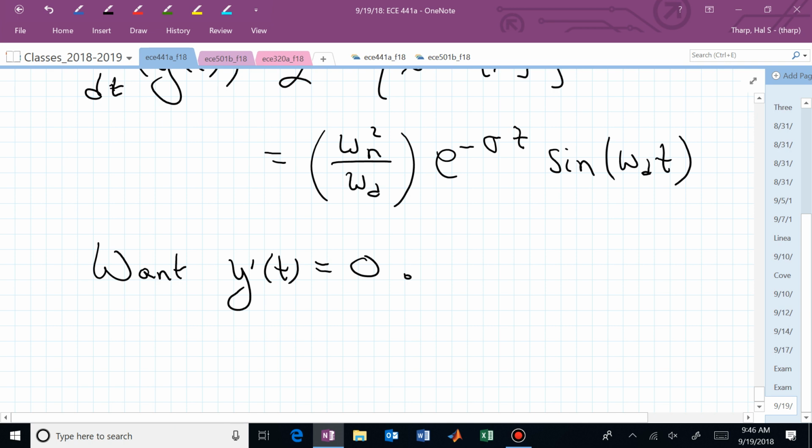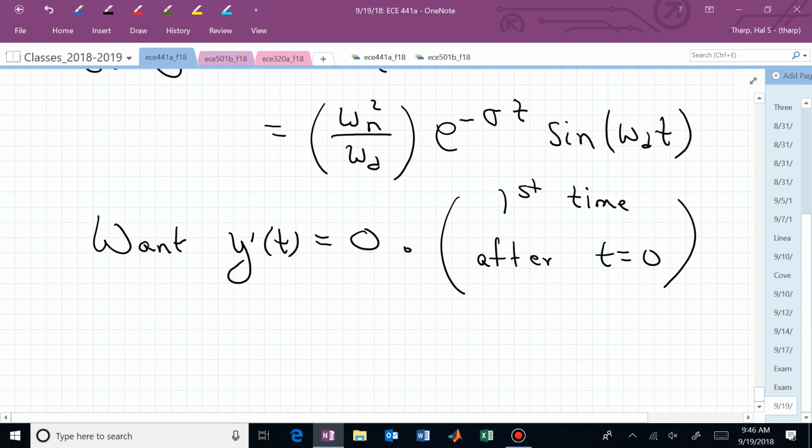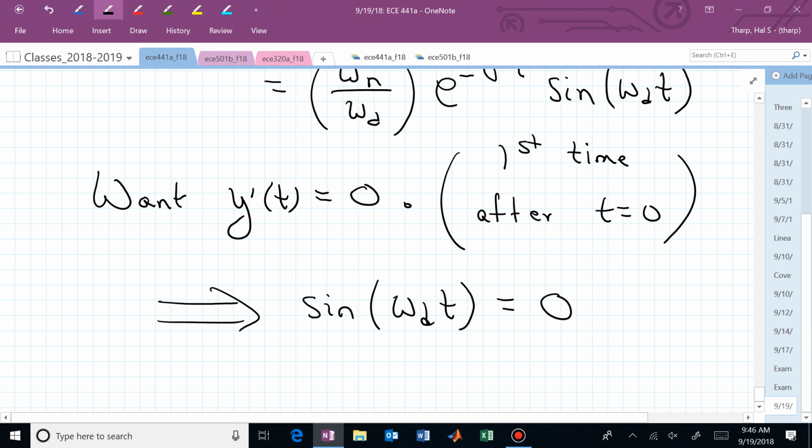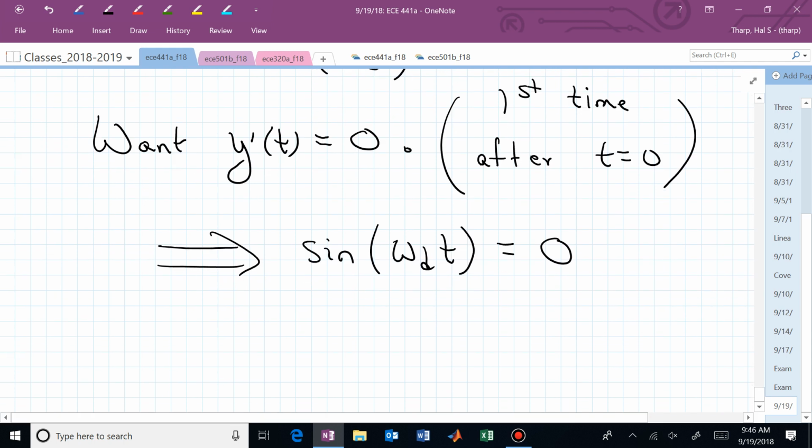So we want this to be the first time after t equals 0. And that will give us our peak time. So now we need sine of omega sub d t equal to 0. That's the only piece that's going to allow that to go to 0 in a finite time window. When will that equal 0?